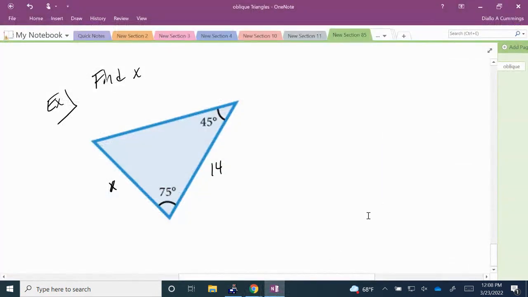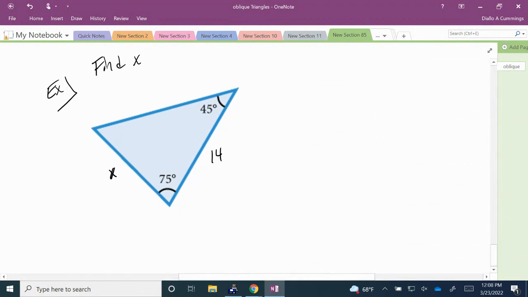So here we're asked to find side X. The first thing we're going to do is, we don't quite have enough information to set up a law of sines function. Keep in mind that we can't use Pythagorean theorem or anything.